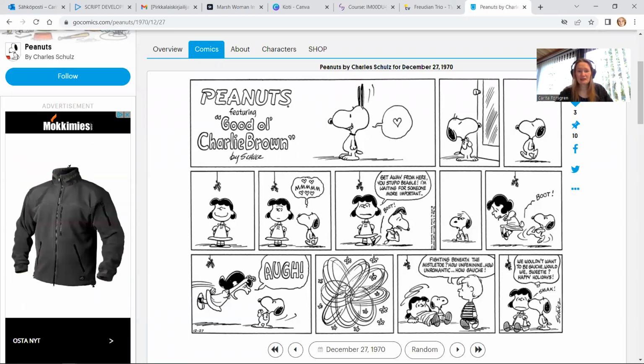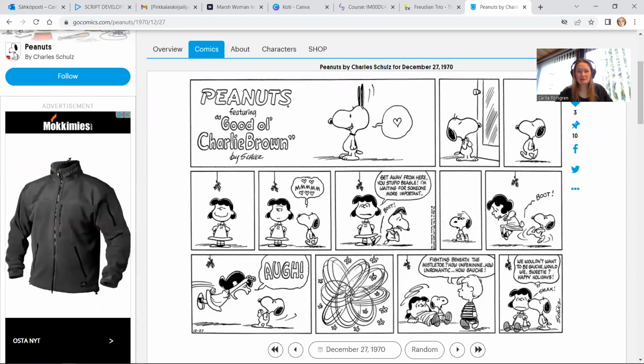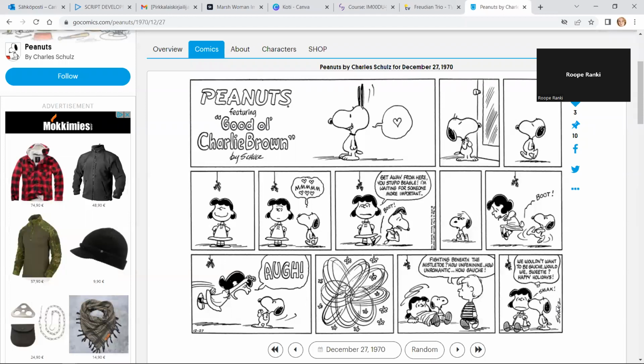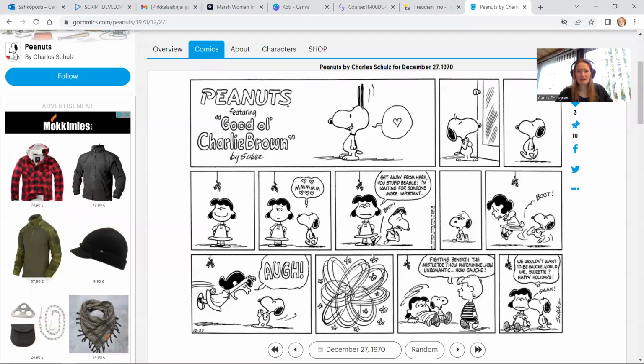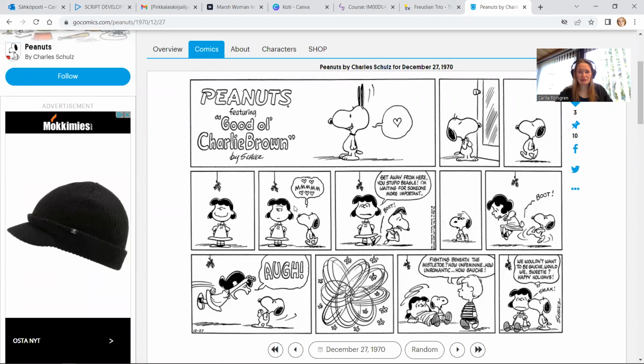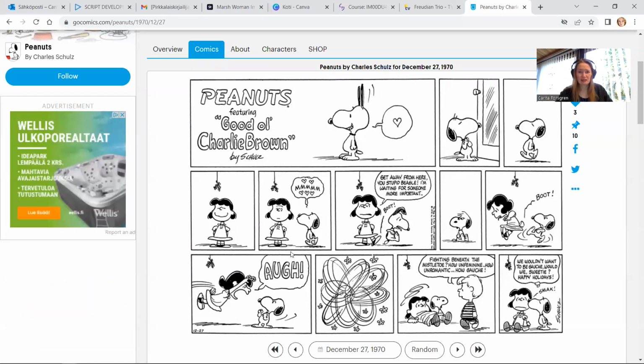From whose side? Well, I would call Snoopy the antagonist in this one, actually. But anyway, Lucy is standing beneath the mistletoe, so she's saying that she wants to be kissed.